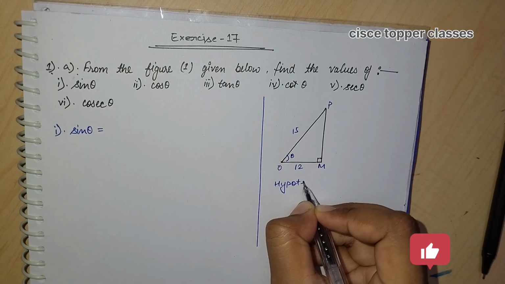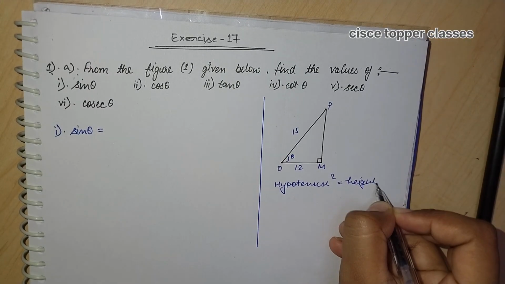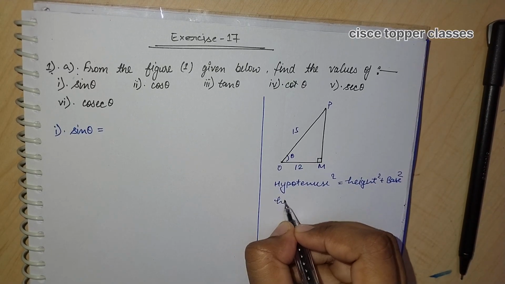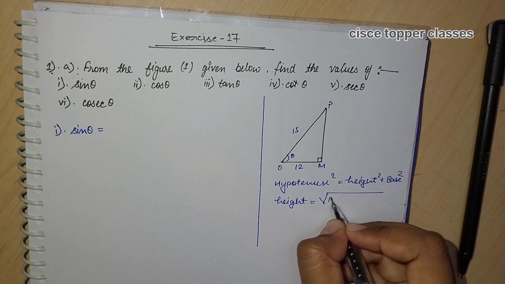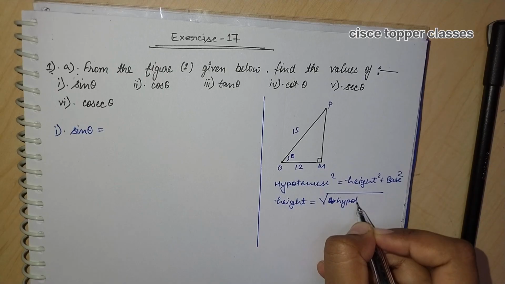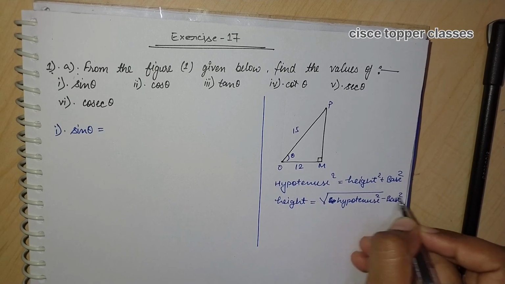Hypotenuse we know, by Pythagoras theorem, hypotenuse square is equal to height square plus base square. So to find the height, we can write height is equal to under root hypotenuse square minus base square.